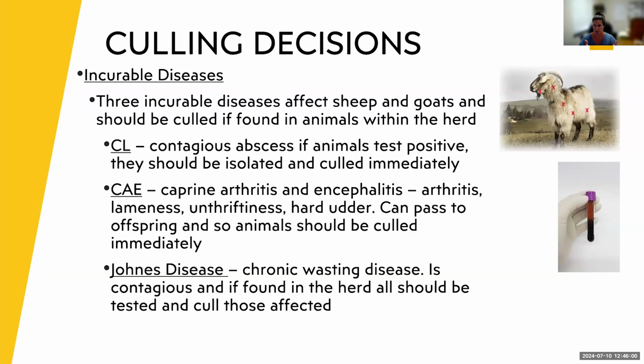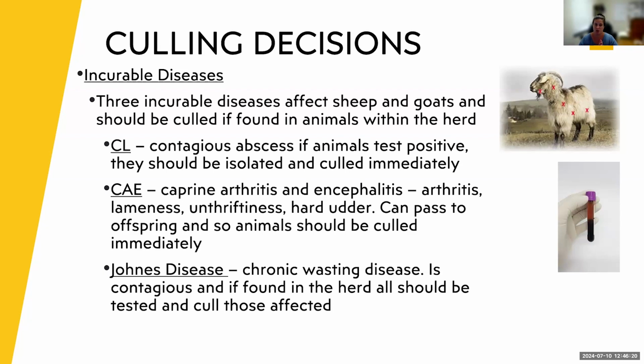But that doesn't work in all diseases, it just works in CAE. But again, those animals don't have to be automatically culled, as would be with CL, but they should be culled after that lactation is over so that it's not transmitted to offspring in the future.